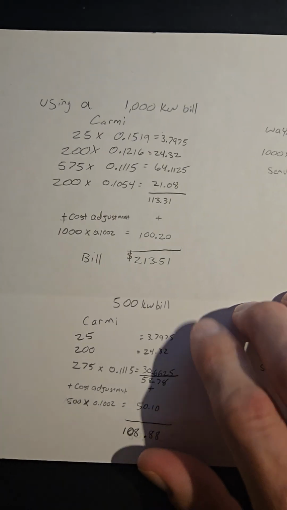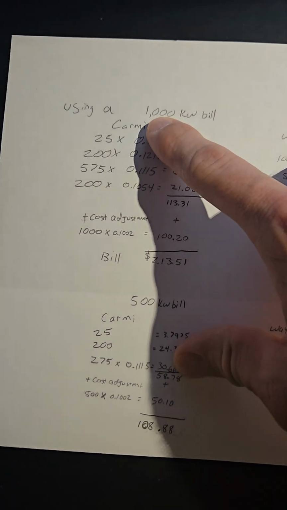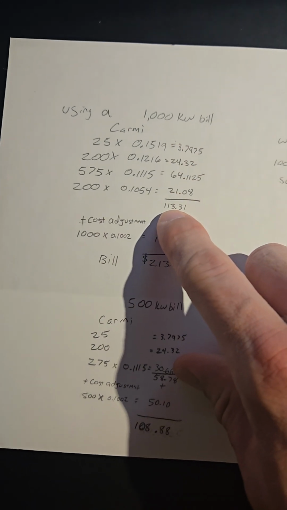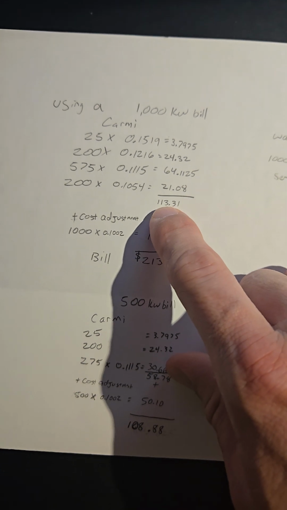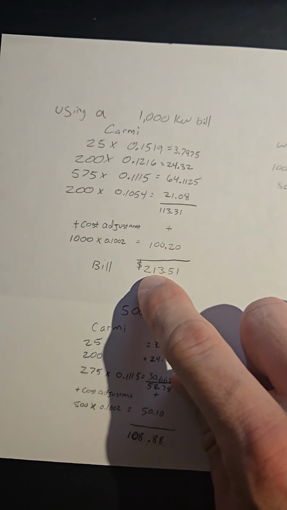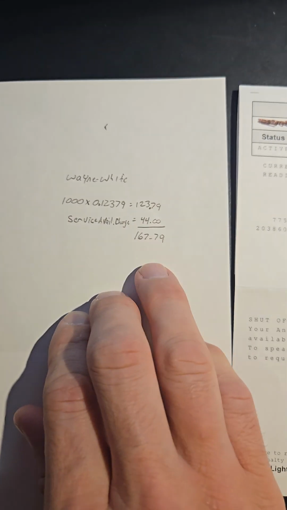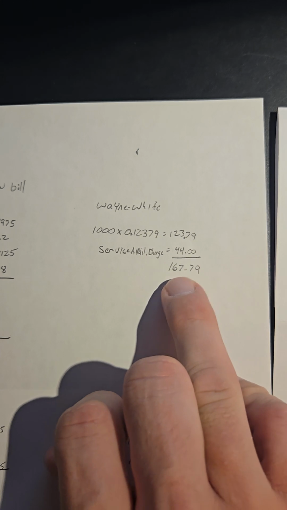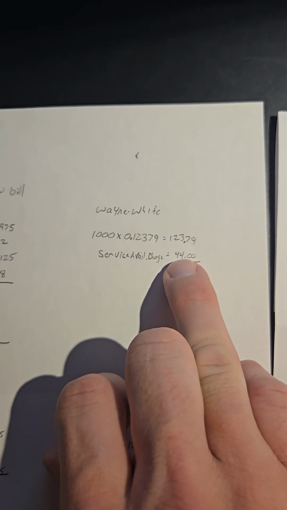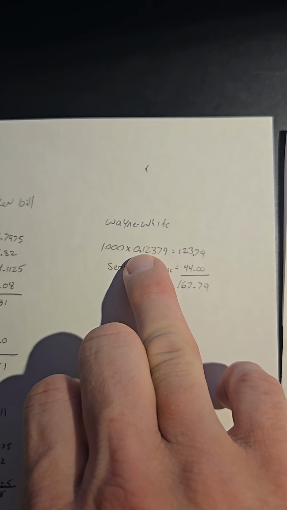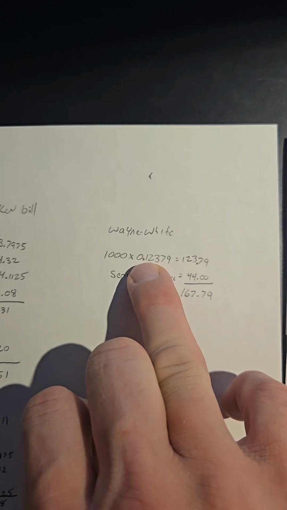So looking at some of these bill sizes, a 1,000 kilowatt bill, you can follow through here, is $113 at the E2 rate, plus the cost adjustment is a $213.51 bill. At Wayne White, it would be a little bit less, but they still have a service availability charge. Their kilowatt hour usage is $123.79.